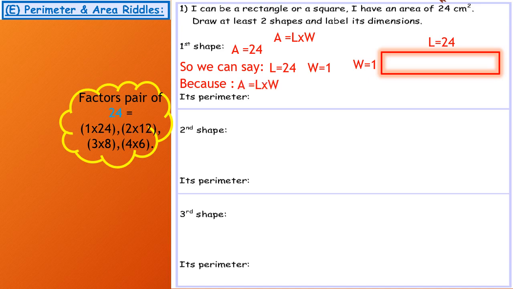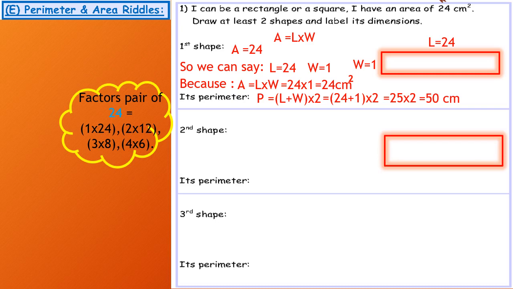The perimeter is length plus width, by 2. 24 plus 1 is 25, by 2, the double of 25 is 50 centimeters.